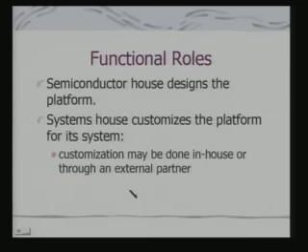And in this context, the functional roles also diversify. A semiconductor house designs a platform, and a systems house customizes the platform for its system. Customization may be done in house or through an external partner. So, here the example says TI is designing the platform and Nokia is developing the product.